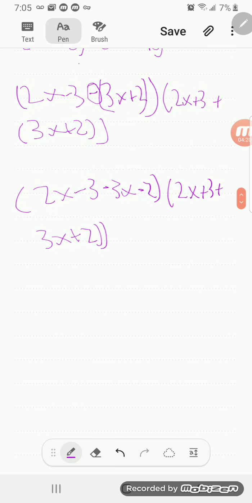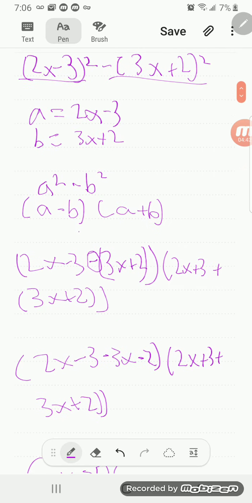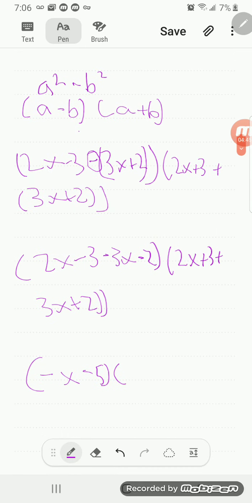Now we're going to factor this out. We're going to solve it out. 2x minus 3x is negative x. Negative 3 minus 2 is negative 5. Now the other side: wait, no, that's not 2x plus 3.